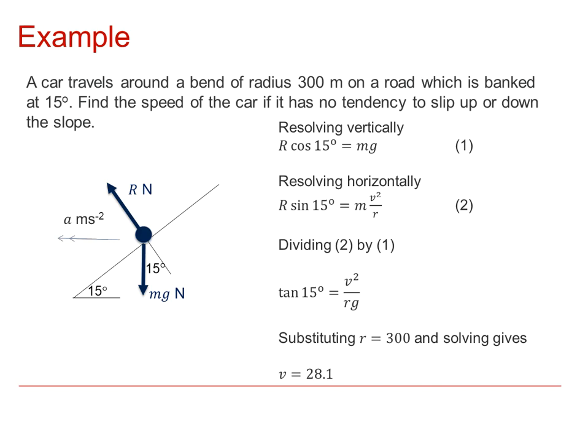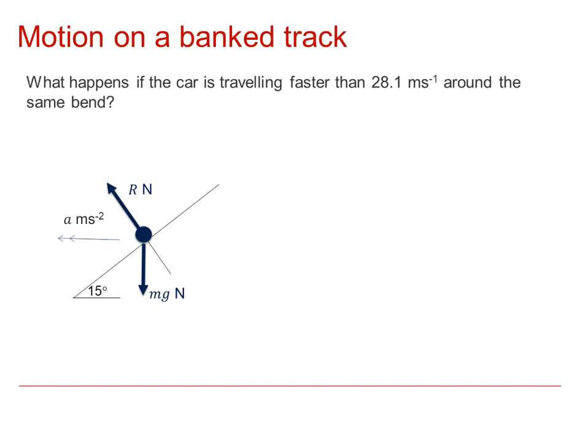We might consider now what happens if you're going faster than our value of 28.1 meters per second. If v is greater than 28.1 meters per second, then the centripetal force has got to increase.